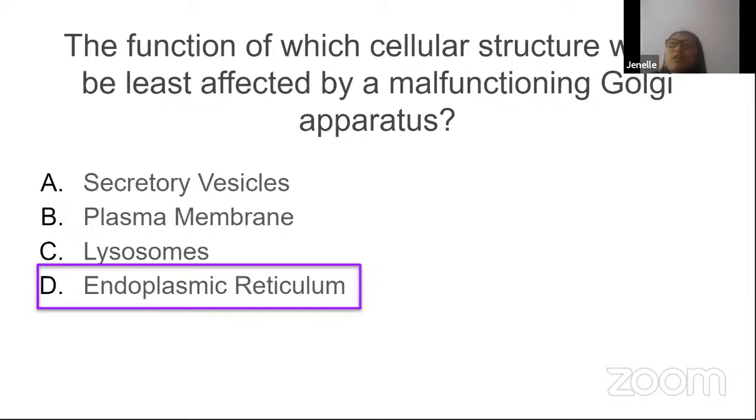The secretory vesicles come from the Golgi, and could end up either in the plasma membrane or the lysosomes. So A, B, and C are steps that happen after, and they would be most affected as opposed to least affected in this question.